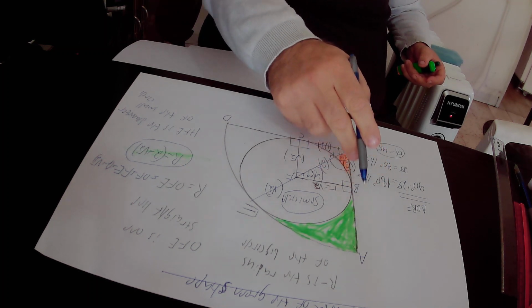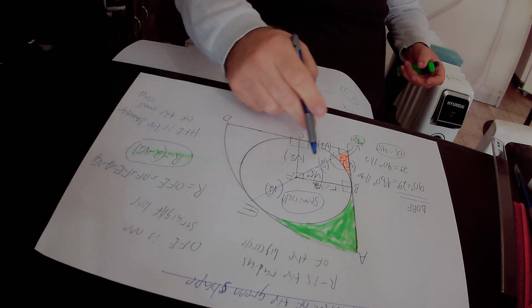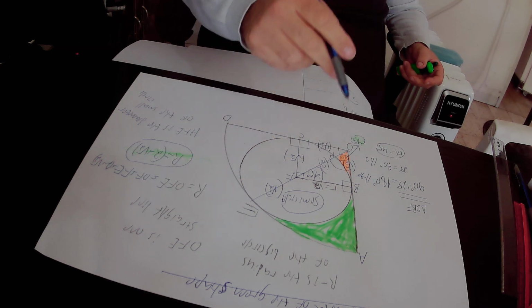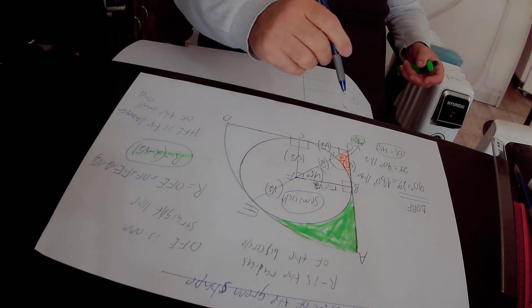The first leg is AO and the second leg is EO. They are both radii of the big circle.